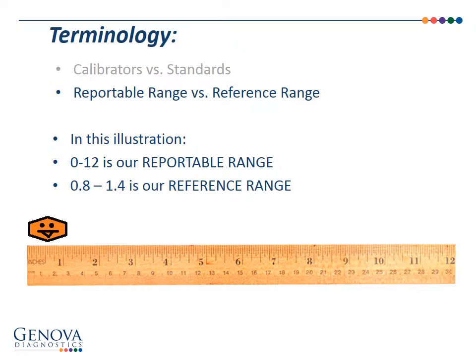A lot of our SOPs have this written in, where it might say our widget assay can report from 0 to 12 inches, but any result over 2.5 inches, we're going to repeat for confirmation. So if you've ever wondered why you're repeating things that are well within your reportable range, that's why. It's because our clients might be making medically important decisions based on those kinds of results.